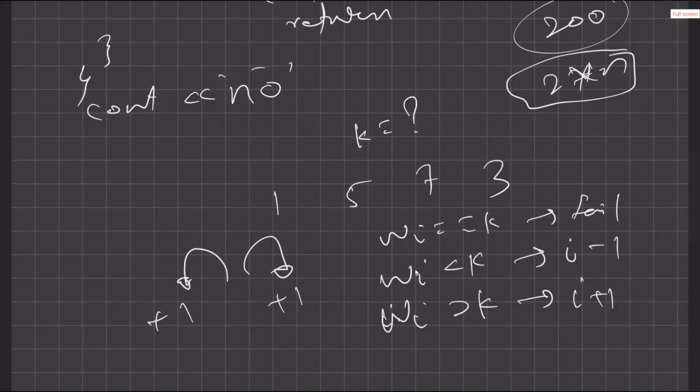So by doing trial and error, and figuring out what the possible k values will be, once you figure out the k value, definitely you will be able to solve the problem.